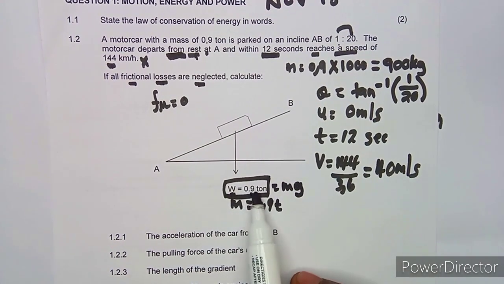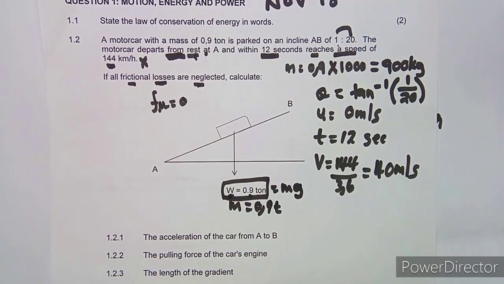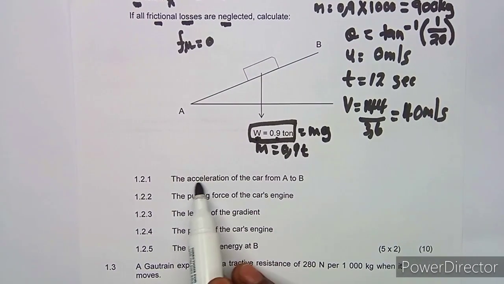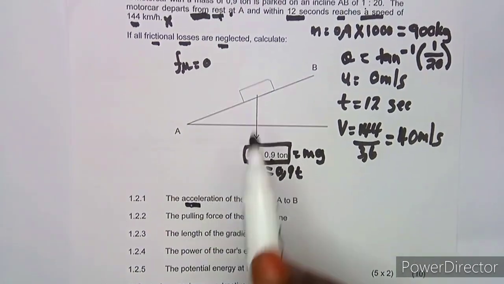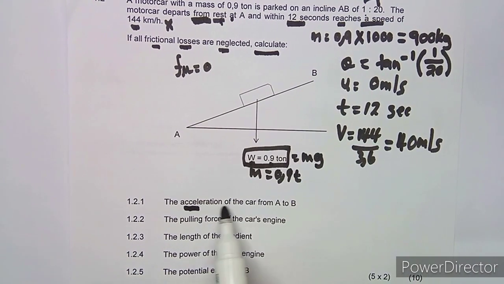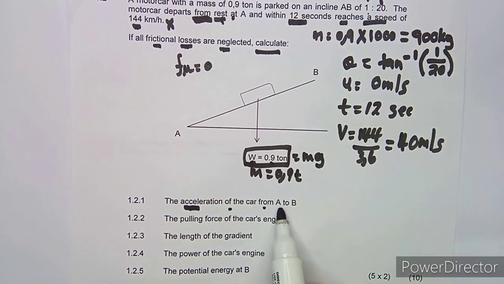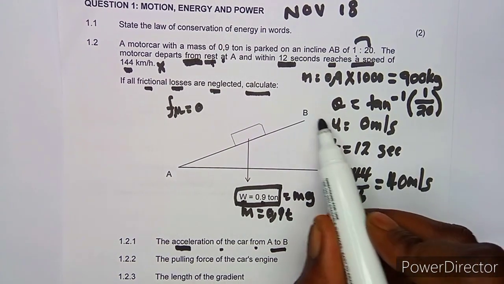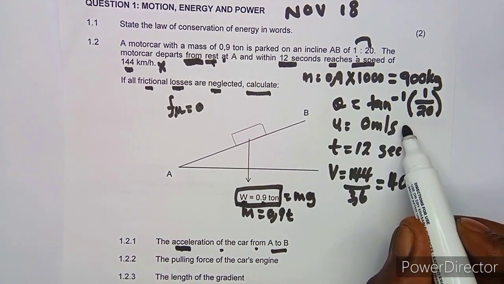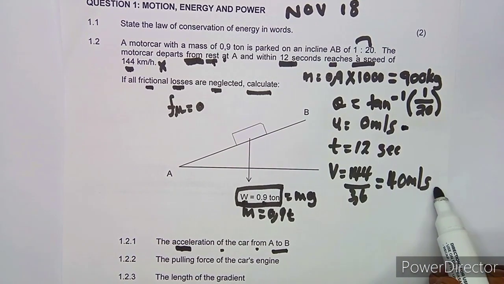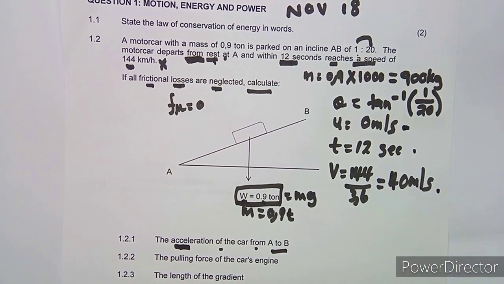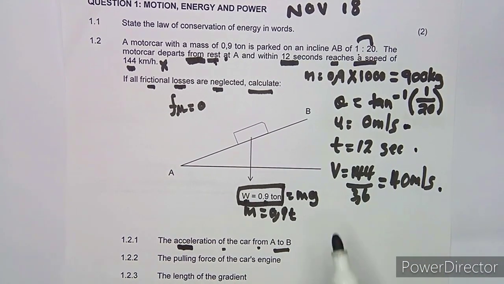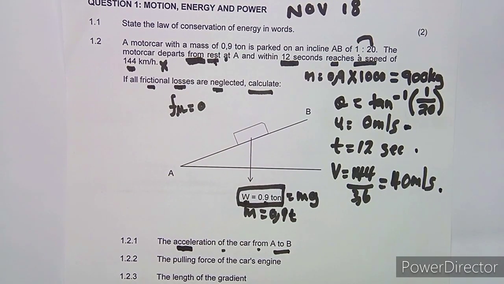So the first question is to calculate the acceleration of the car from A to B. Here we have the initial velocity, the final velocity, and the time taken from A to B. So we can connect this. From our formula sheet, do I have the formula sheet here?